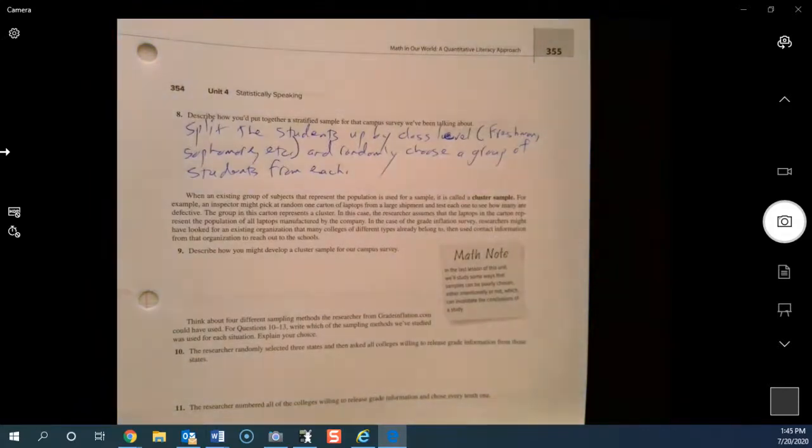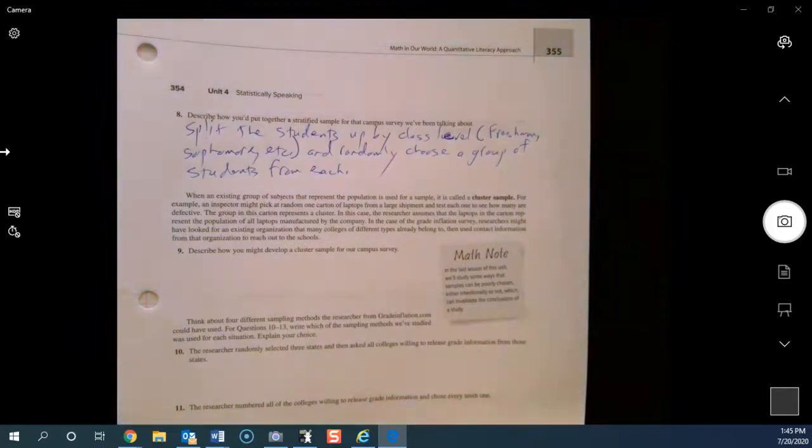In this case, the researcher assumes that the laptops in the carton represent the population of all laptops manufactured by the company. In the case of the grade inflation survey, researchers might have looked for an existing organization that many colleges of different types already belong to, then use contact information from that organization to reach out to the schools.